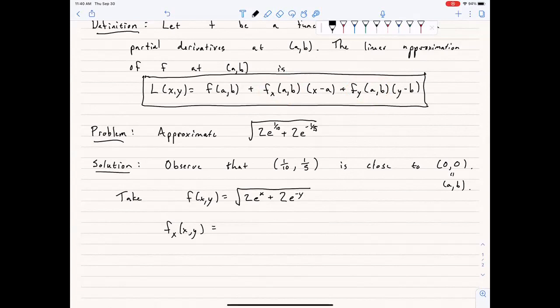All right, so for this, we remember from last time, we need to treat y as a constant, and then just take the derivative with respect to x. If we do that, we'll get 2 e to the x times, using the chain rule here, 1/2 times 2 e to the x plus 2 e to the minus y to the negative 1/2.